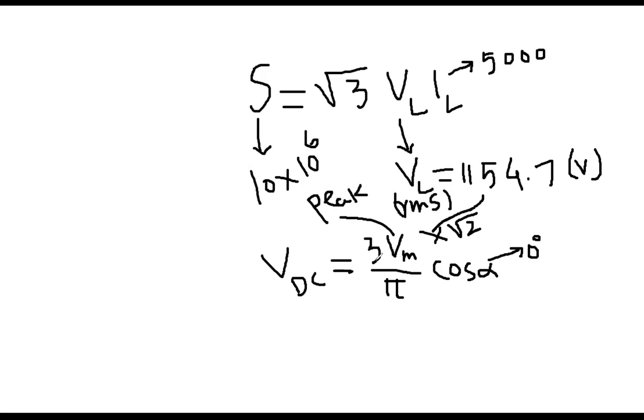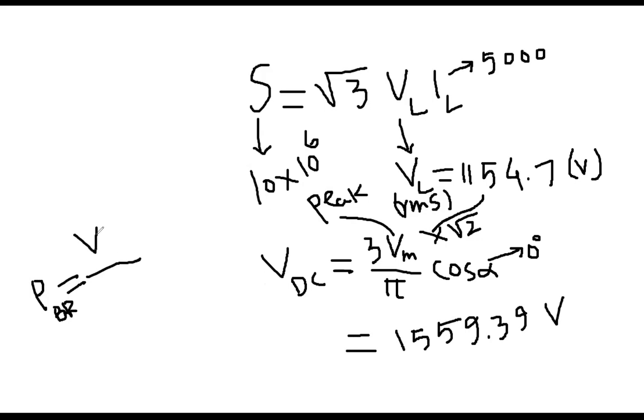So to apply in this equation, 3 times this number multiplied by root 2, then over pi cosine alpha. Then you should be getting VDC as 559.39 volt.